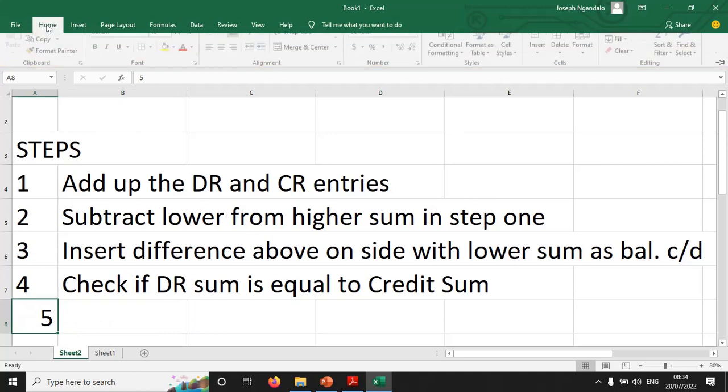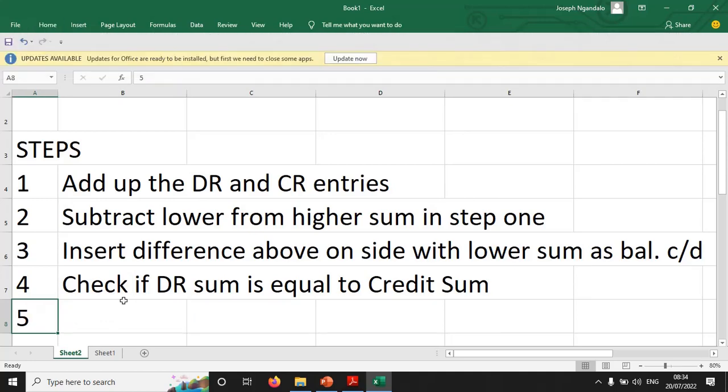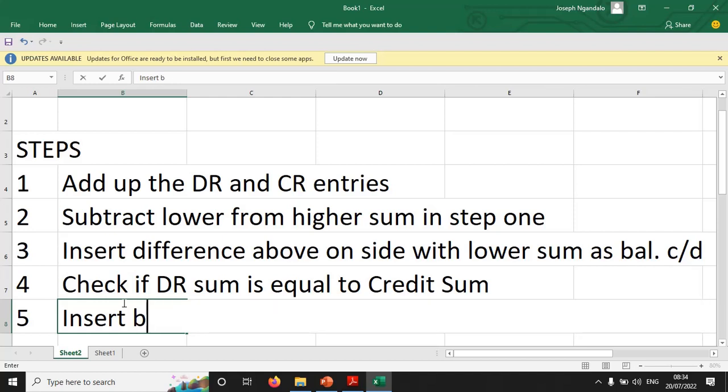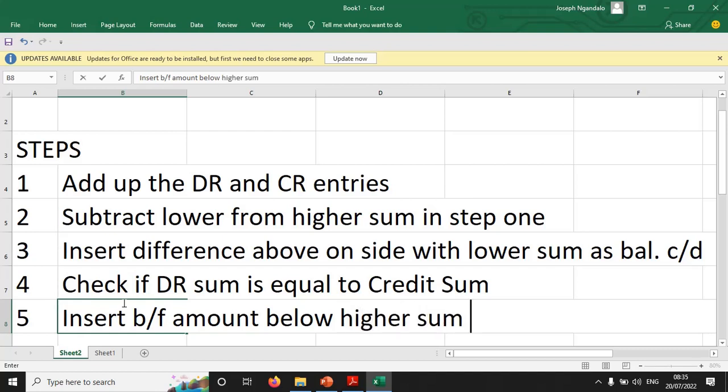Insert the brought forward amount below the higher sum in step 1.